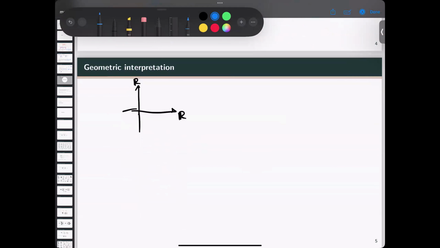Okay, yes, the geometric interpretation of these symplectic structures. The point is, if I have these two vectors x and y, then the symplectic form is essentially calculating a volume, or in this case, the surface area of the parallelogram that you get by completing like this.